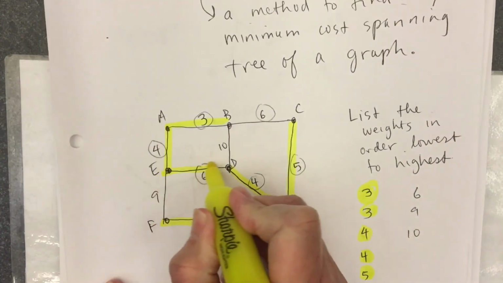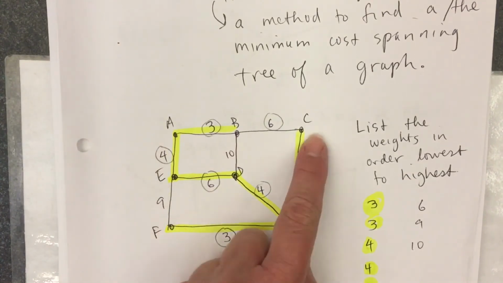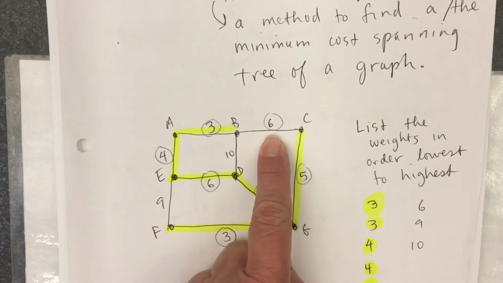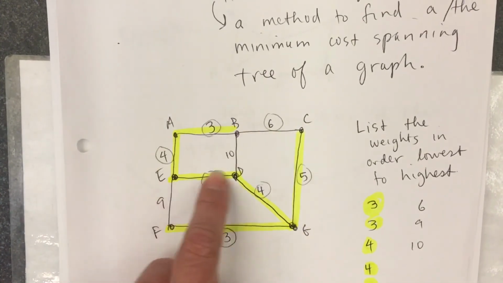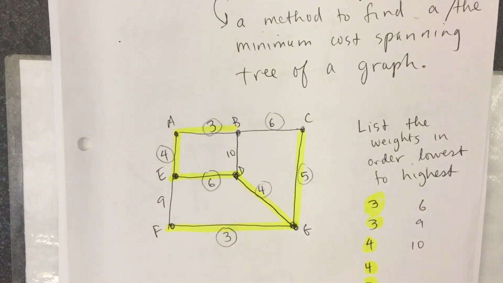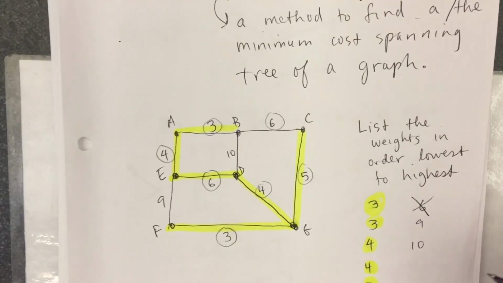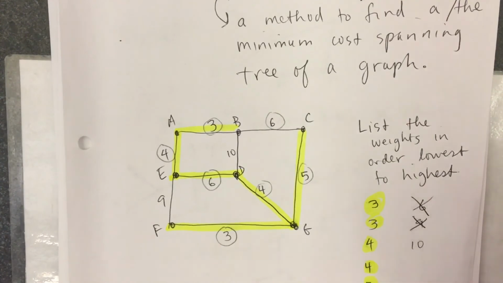If I take E to D, then I have this nice looking spanning tree. If I took this last 6, that would make a circuit. So don't take this one. I'm going to mark through it with an ink pen. 9, no. 10, no.